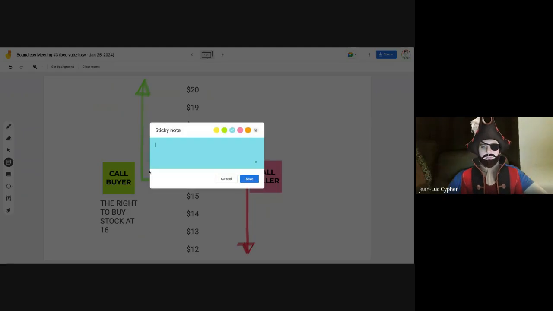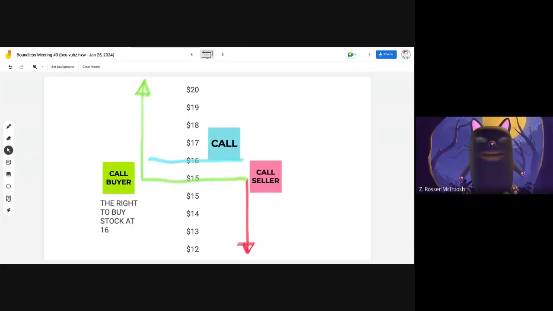And you're going to pay him a nominal fee. Yeah, and then I'm going to pay you some amount of premium. And this is the obligation to sell at 16. So I'm going to pay you for that right.